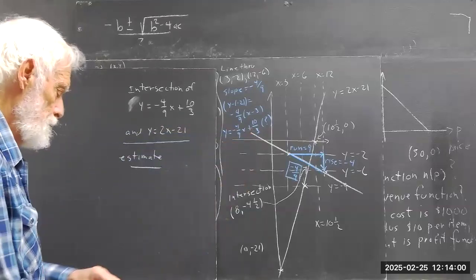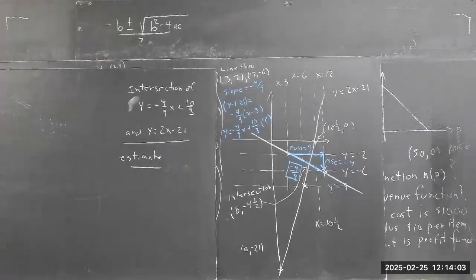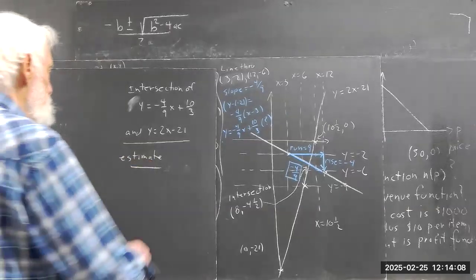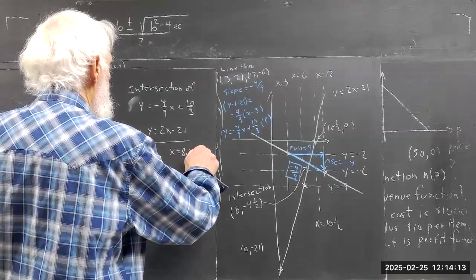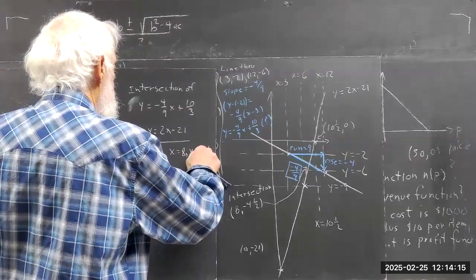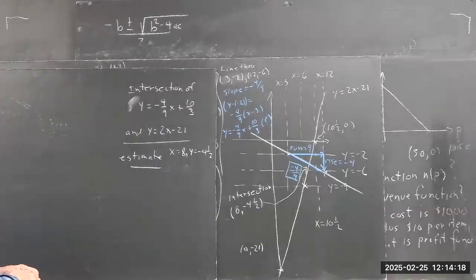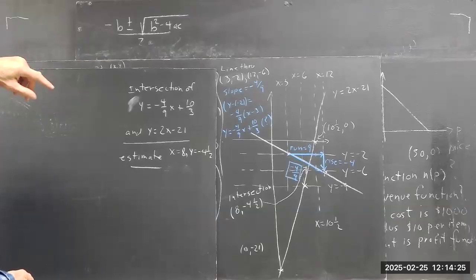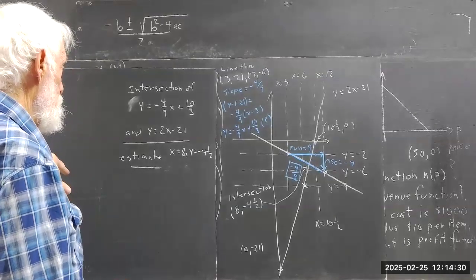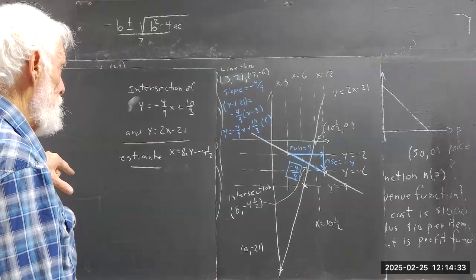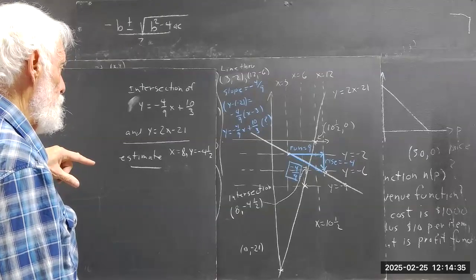That 10/3 might be wrong. I checked it in my head. Estimate: x equals 8, y equals -4.5. Doesn't seem to work. X is 8. I get -3 and 5/9. You've got to get -4.5.